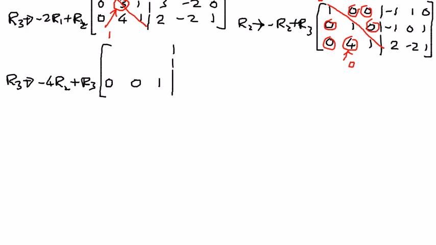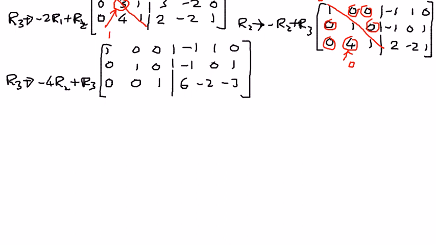We'll partition the line by drawing a line there, and on the right hand side of the partition we will have 6, -2, and -3. I'm achieving these numbers by simple addition and subtraction basically. And then the second row, nothing has changed, so we'll write down the elements as is: 0, 1, 0, and then -1, 0, 1, and in the first row we have 1, 0, 0, and then -1, 1, 0.